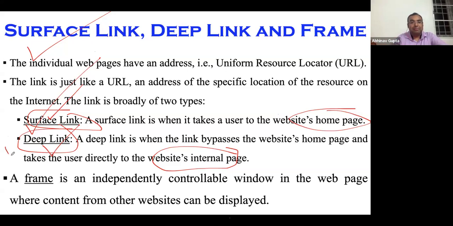So if somebody uses the deep link of your website, it is reducing the number of clicks on your homepage, and therefore in turn also reducing the chances for your website to get more advertisements. Therefore use of deep link for commercial interest without the approval of the website owner can amount to copyright infringement.